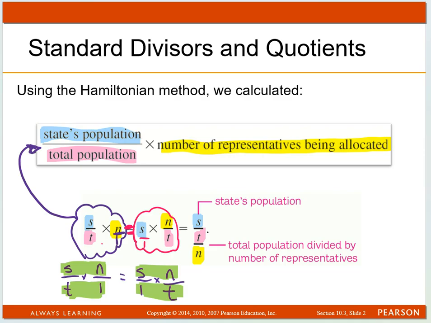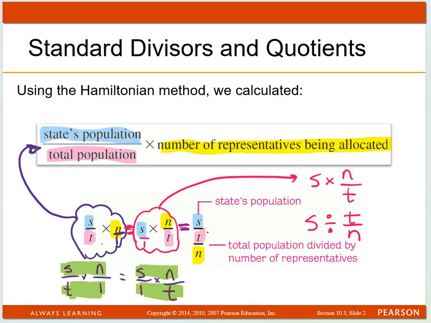Now, when they went from that to over here, they're saying that if you have S times N over T, that would be the same thing as S divided by T over N. You know that rule in fraction land?